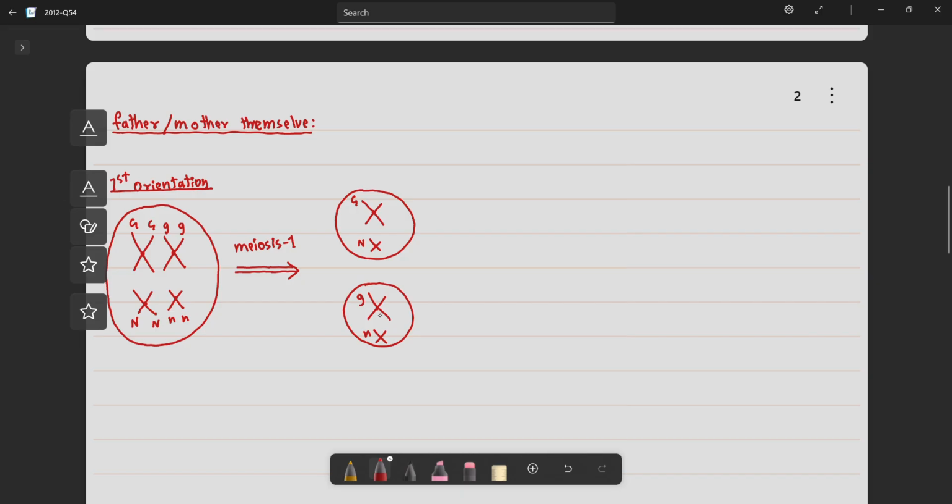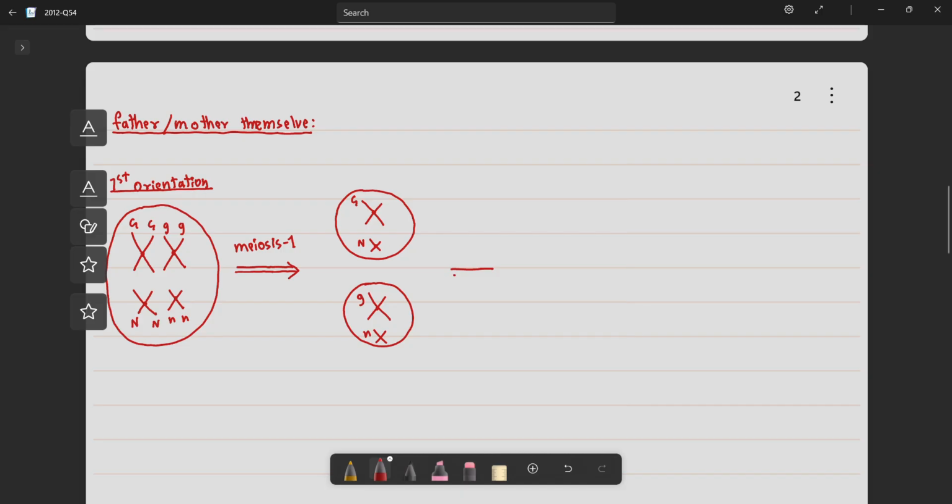This daughter cell carries the recessive alleles for the genes, and this one carries the dominant alleles: the dominant G and dominant N, while this one carries entirely recessive.